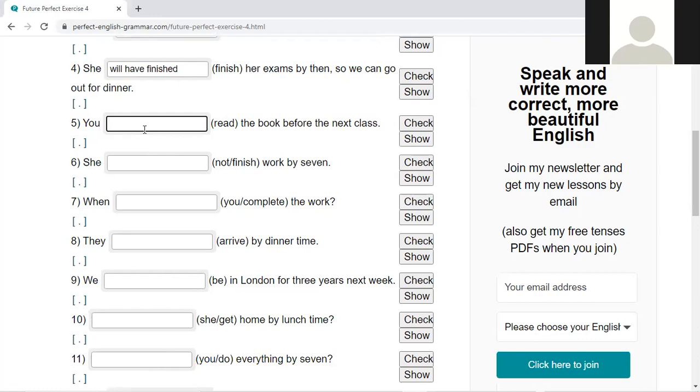You will have read the book before the next class. Okay, very good. Yes, that is correct. Number 6 is negative, okay? Be careful. She won't have finished work by 7. Good.